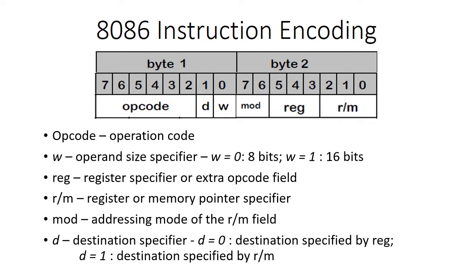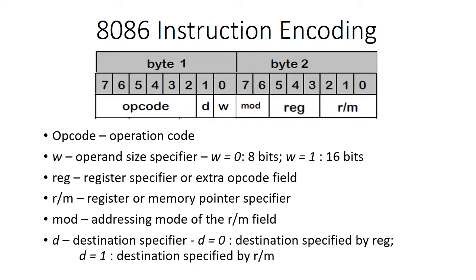RM is 3 bits wide and is used to specify either a register or a memory location as the location of the other operand. Mod is a 2-bit field that is used to specify the addressing mode to be used with the RM field.